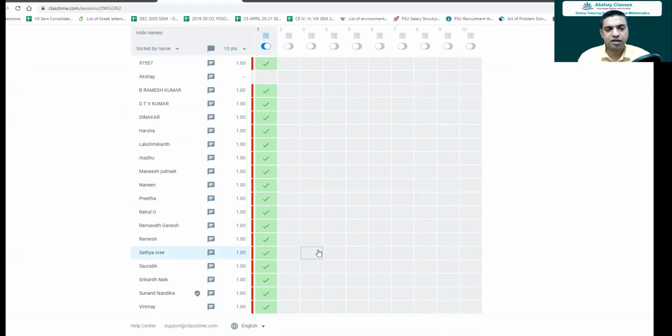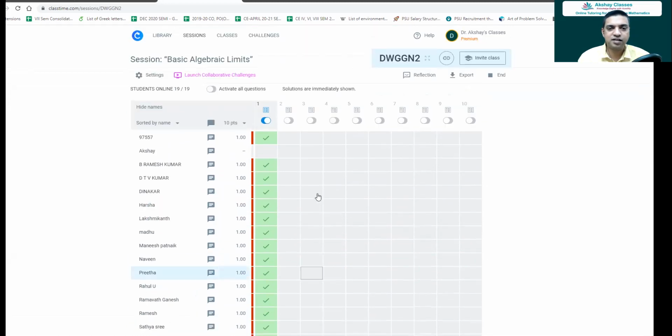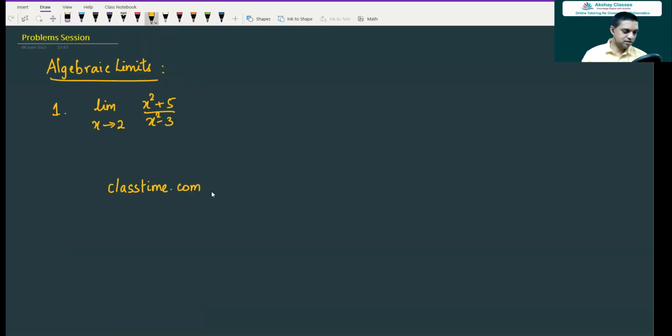So, good. Everybody answered correctly. It is very simple. This was a simple example where there was no 0 by 0 form involved. When you substitute x equal to 2, you get 2 square plus 5 is 9, and 2 square minus 3 is 1.